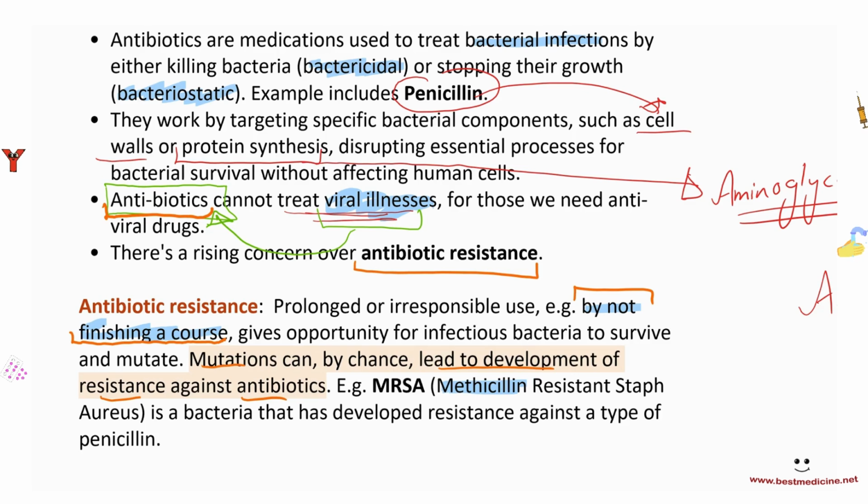MRSA is a very popular bacteria that has developed resistance against methicillin. And so to treat this nowadays, we use something called vancomycin, a big gun antibiotic. Vancomycin is more expensive, and nowadays we even have VRSA, vancomycin-resistant Staph aureus.